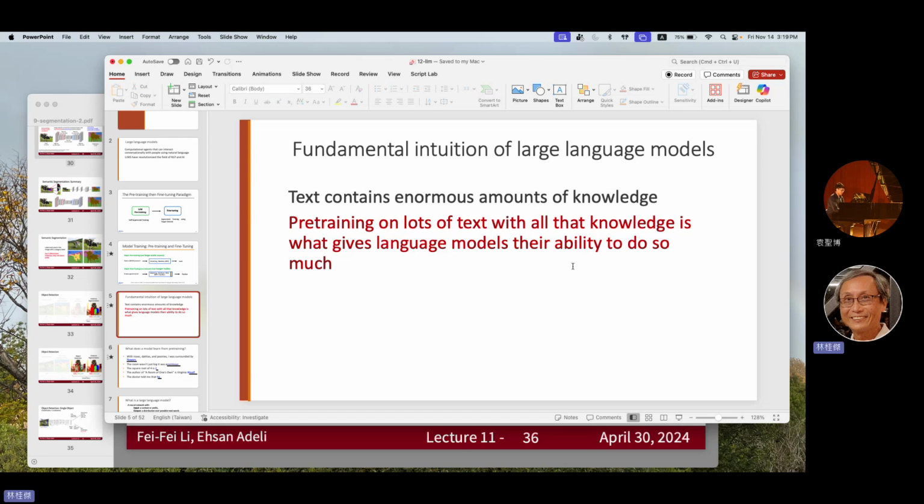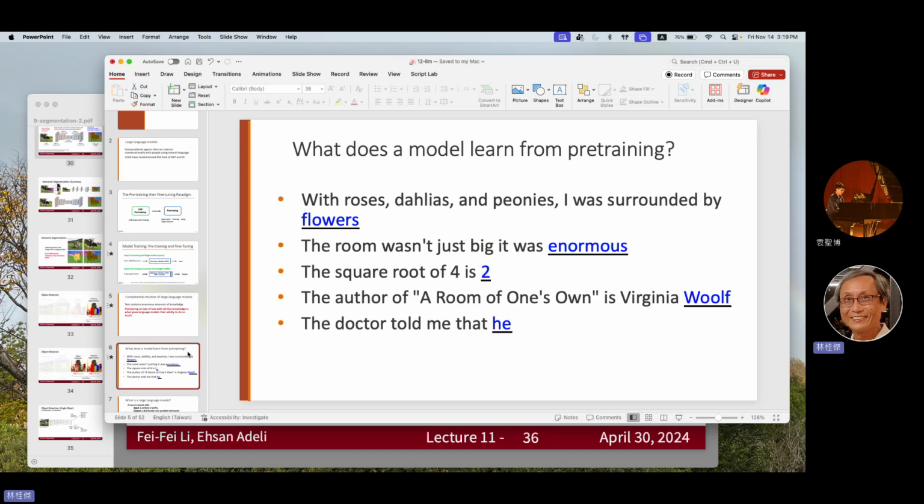In the old days, people didn't think this was possible. Here, for example, suppose you have a sentence with roses, dahlias and peonies: "I was surrounded by" something. We humans will look at this and say, oh, okay, this is a flower. What kind of knowledge can you get from this?